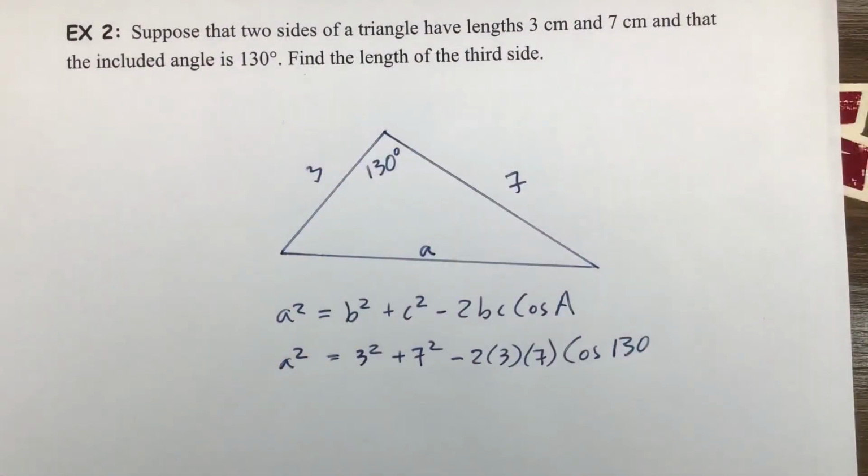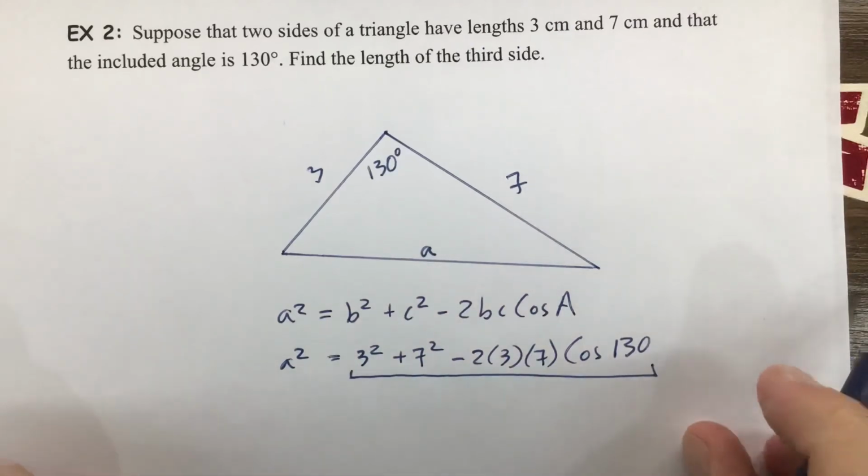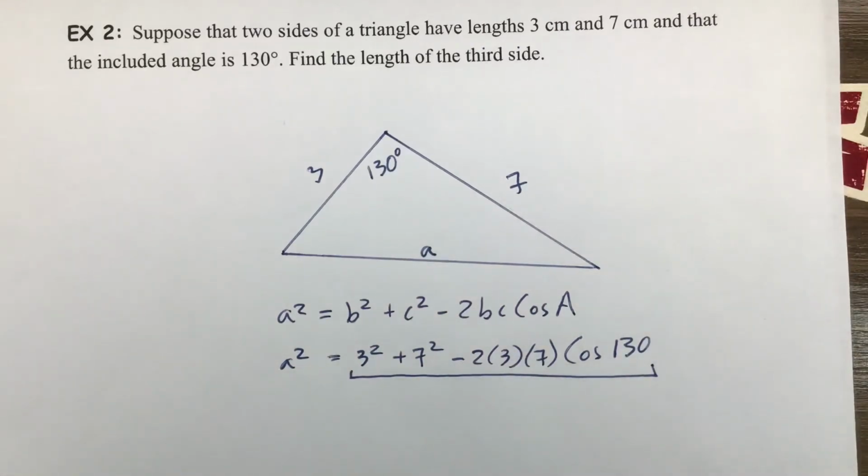The only variable that's in the problem is little a. It's over here, and aside from being squared, it's the only thing on the left. Maybe more importantly, the only things that we have on the right are numbers and operations, which means that all of that stuff can just be evaluated. You don't even have to do it in pieces.